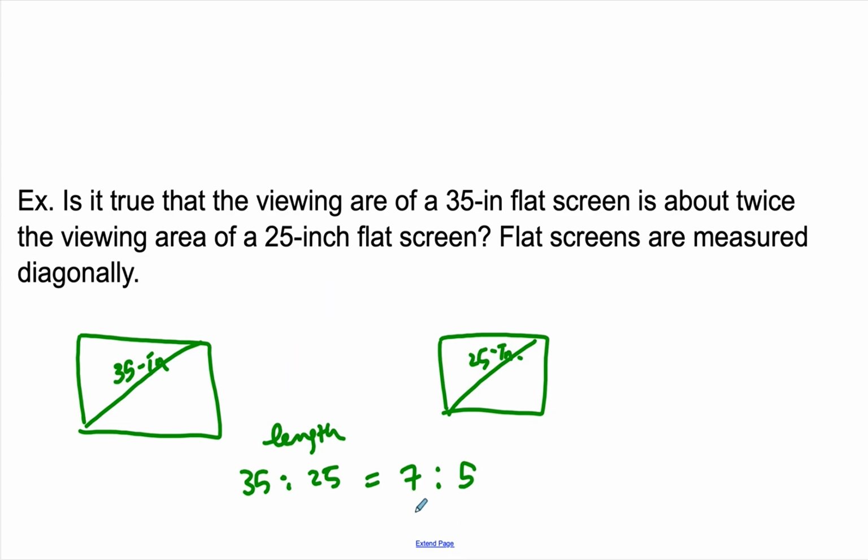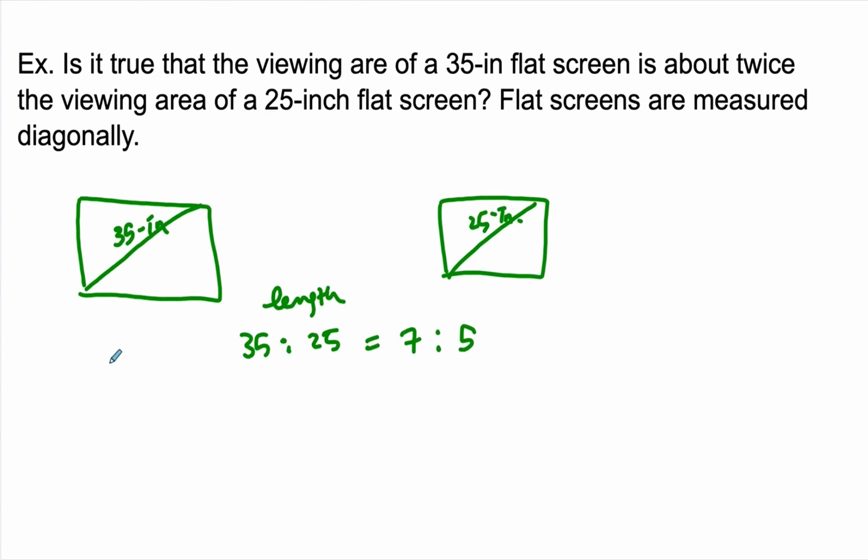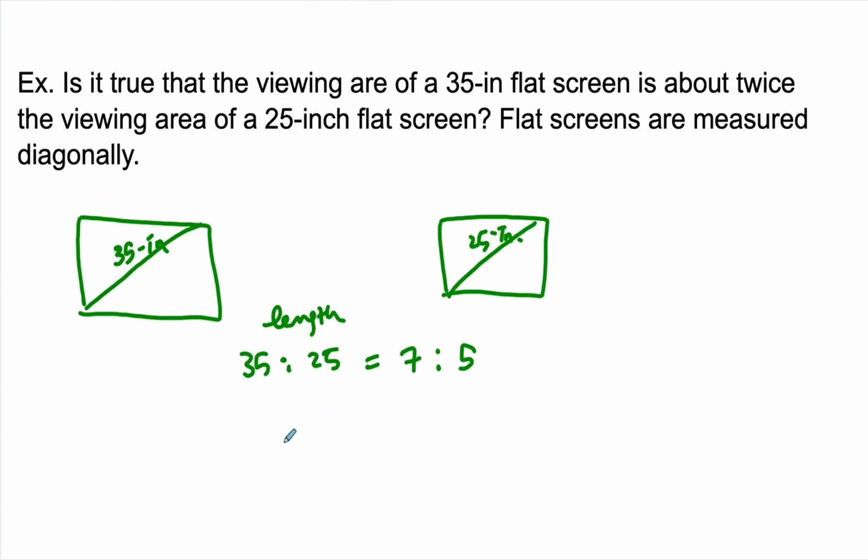right? But if we are taking the area, it will be squared, right? So area then should be 7 squared to 5 squared ratio. So it will be what? 7 squared, 49 to 5 squared, 25 is the ratio. So can we say it is about twice the viewing area?